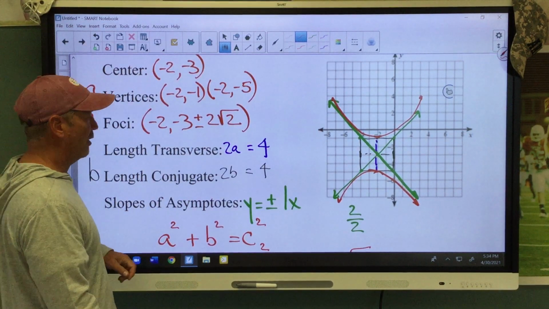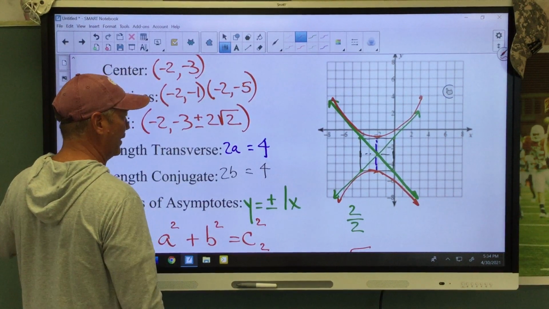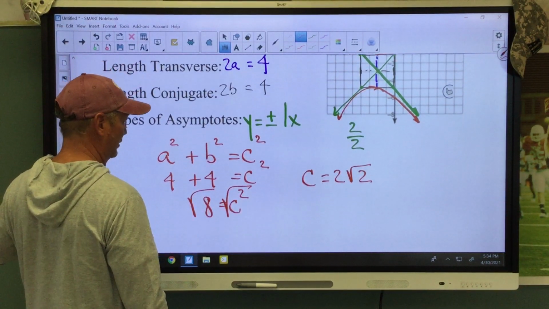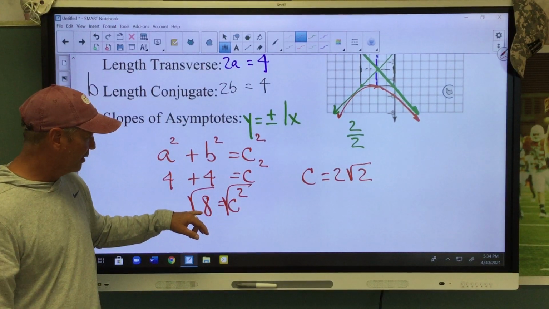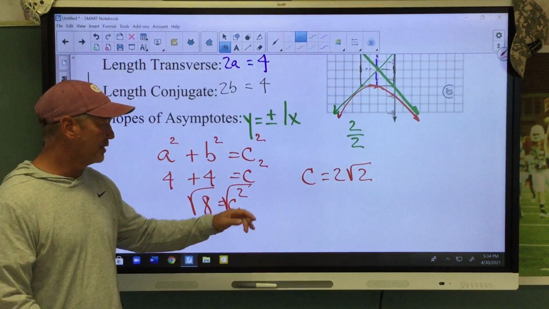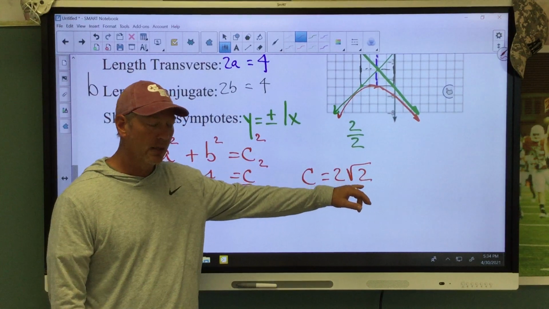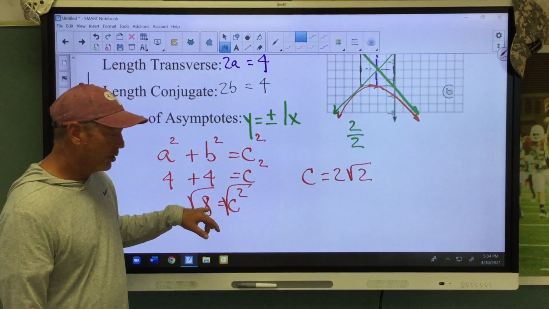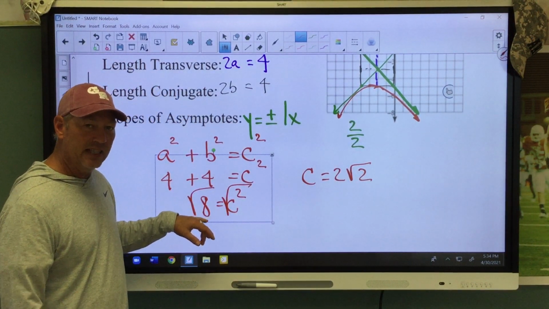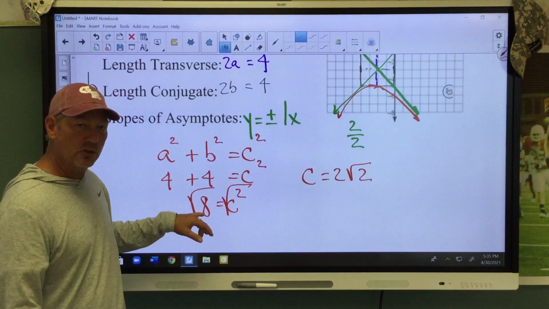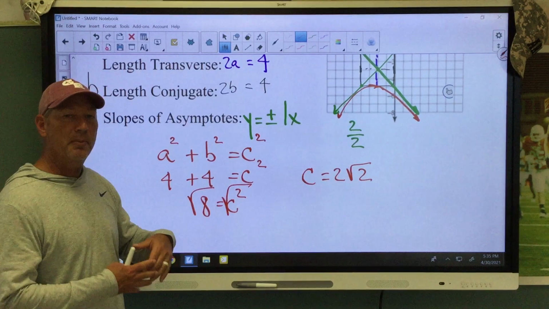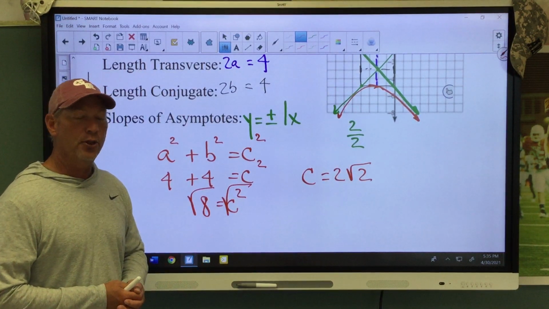Got it? Now, if we wanted to actually graph this, look at this. C squared equals 8, so c is the square root of 8. Okay? One way to tell you what C is equal to, the square root of 9 is 3. 8 is almost the square root of 9, so we're going to be just a little bit less than 3.